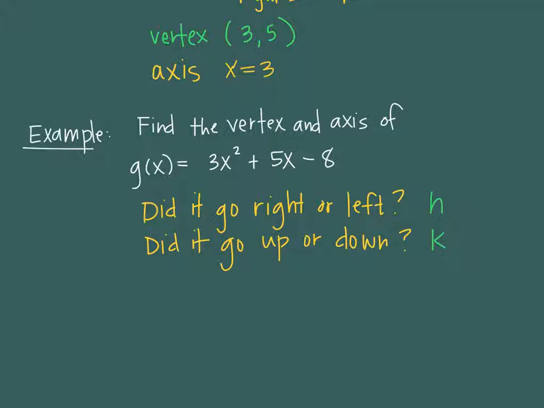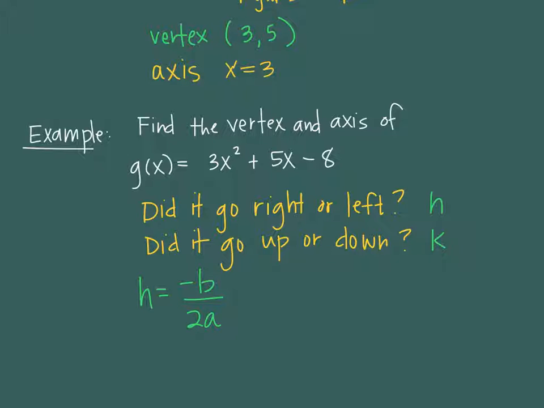H will tell us if this thing went right or left. K will tell us if it went up or down. And there's formulas for that. The formula for h is negative b all over 2a. The negative b and the whole thing over 2a. Where have you heard the over 2a before?